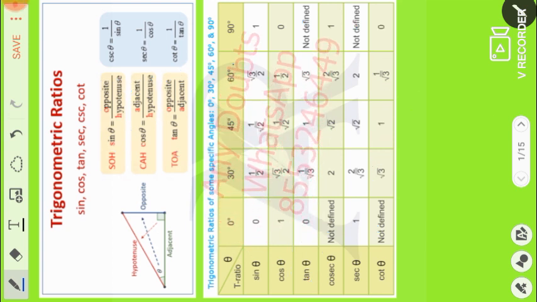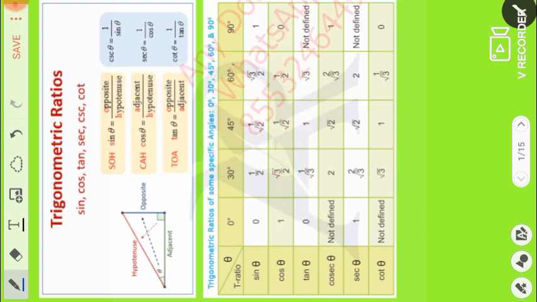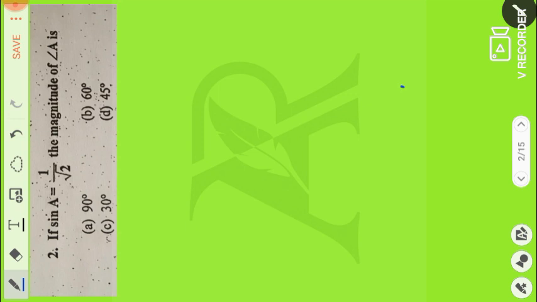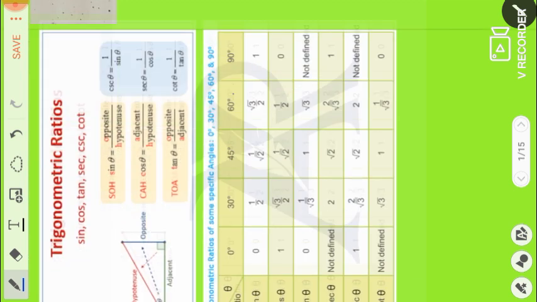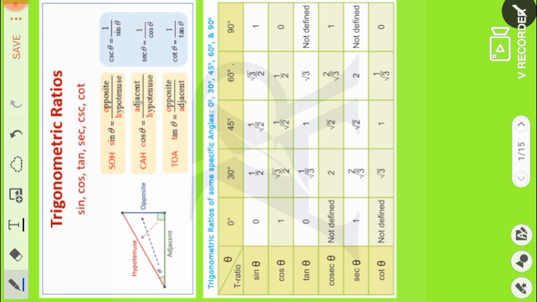Let us see some multiple choice questions based on the trigonometric ratios. It is given, if sin A equals 1 by root 2, the magnitude of angle A is. You need to find the value of angle A. If you memorize the table, you can easily remember the values.